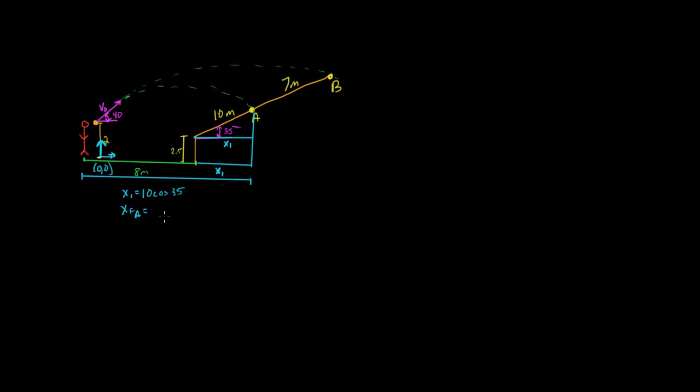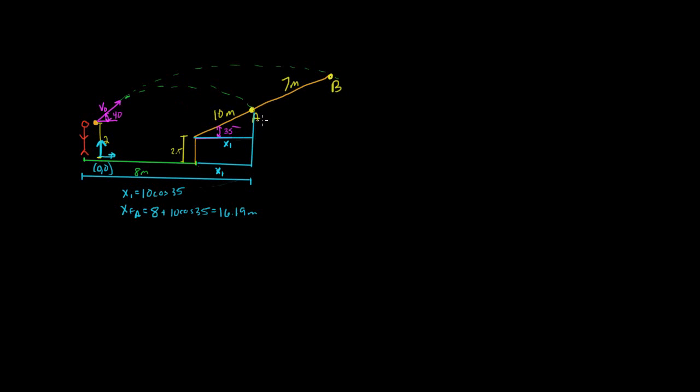So it's equal to 8 plus 10 cosine of 35, and this simplifies out to be 16.19 meters.